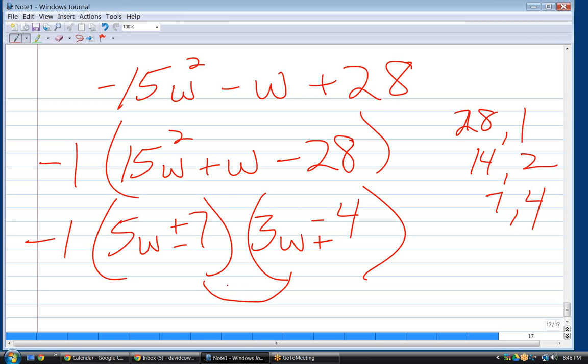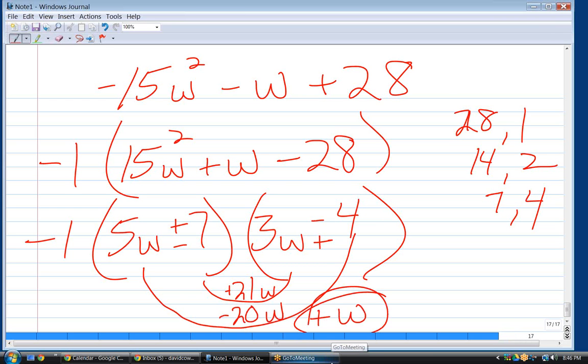That'd be, let's see, 21, right? Plus 21w. And then what's the outside smiley face result in? Let's see, it's going to be 5 times 4 is 20. Negative 20w. Add those two together. What do you get? You get w. Plus w. That's the answer.